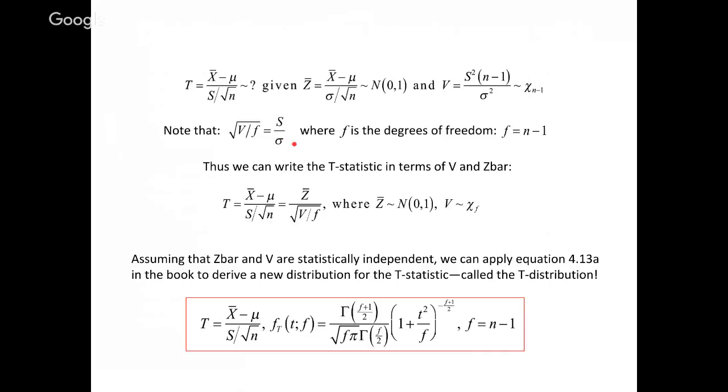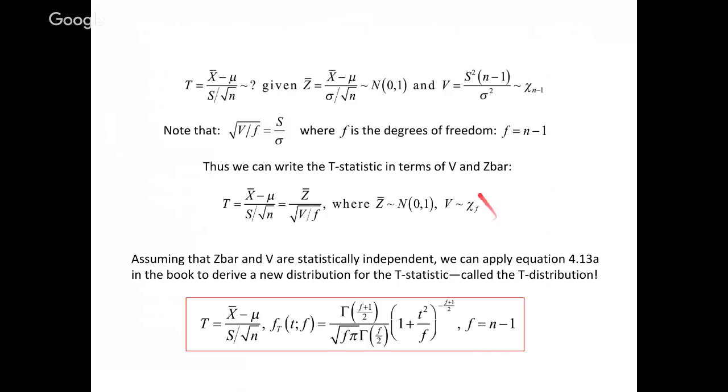So if we take z bar, which is distributed according to the standard normal, and divide it by the square root of v over f, we recover our definition of the t statistic.